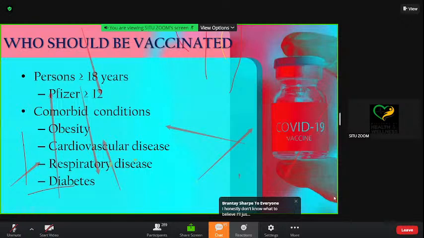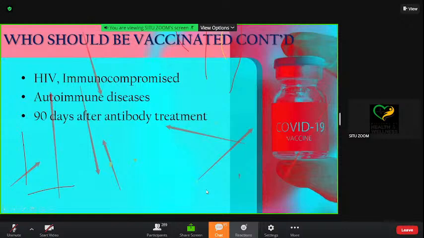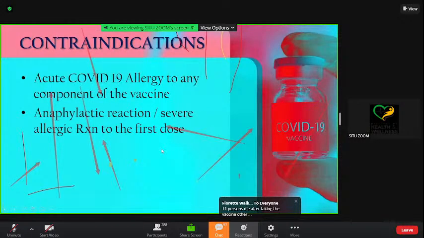You are the ones to take the vaccine because the outcome is not good if you get COVID. If you have HIV, or some people have some autoimmune sickness like lupus and rheumatoid arthritis, and they may have multiple sclerosis, yes, you are to take the vaccine. So now that it is being offered, mother and father and child, please take the vaccine because this will prevent you from being severely ill, hospitalized, and dying.